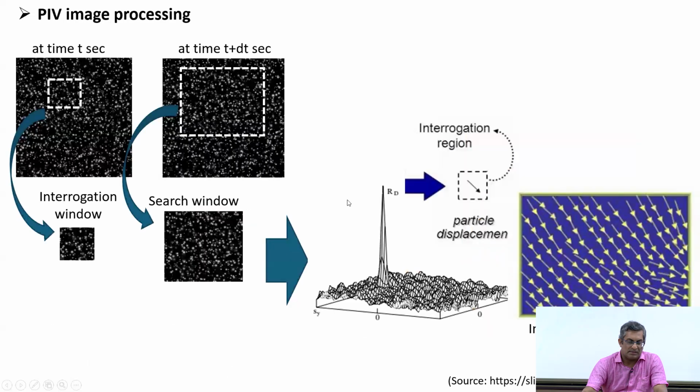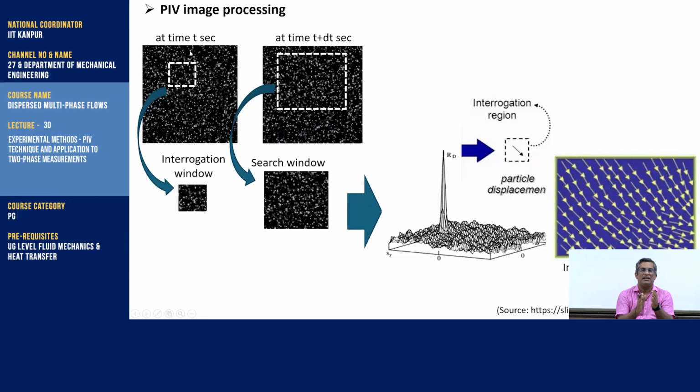Okay. So, this slide shows the image processing algorithm for PIV. As I have already told you, you get basically pairs of images. So, this is one pair of images. If you play the two images one after the other, you will be able to see small movement of the particles.